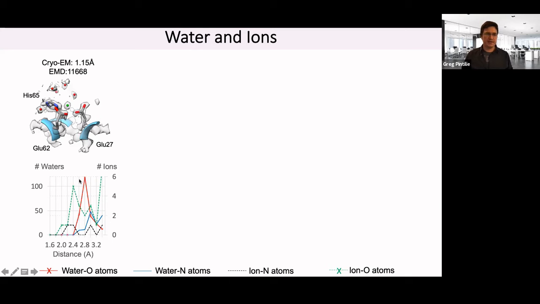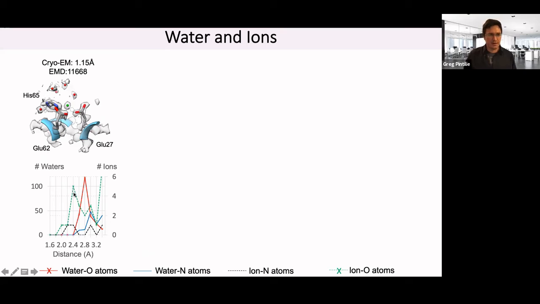It's kind of interesting that you get this peak rather than something more flat. That means that a lot of the waters that were placed were at that, if you will, equilibrium or optimal distance for waters away from a polar or charged oxygen atom.